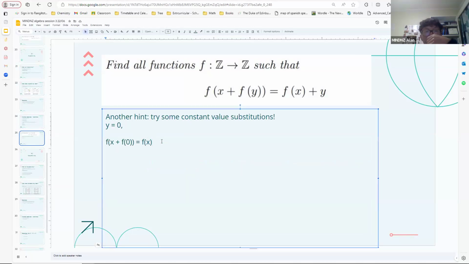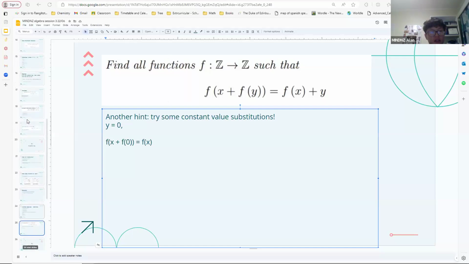Does anyone have any idea? Don't be afraid. It's just another basic substitution.